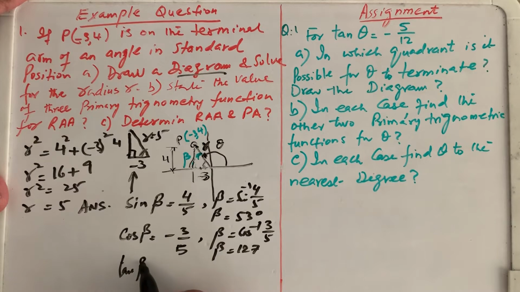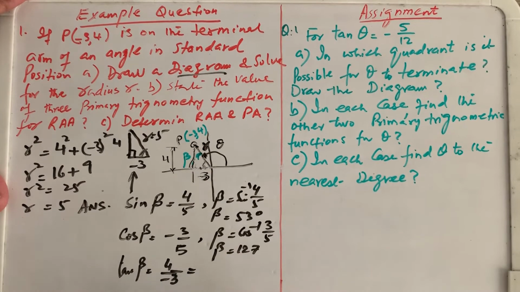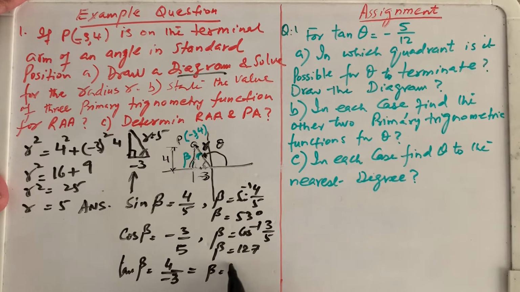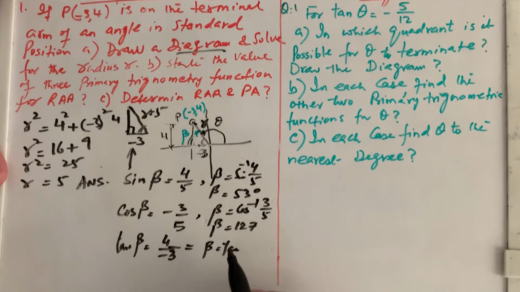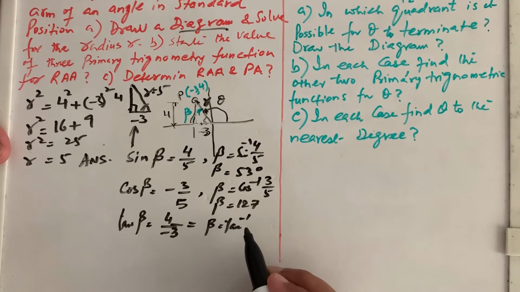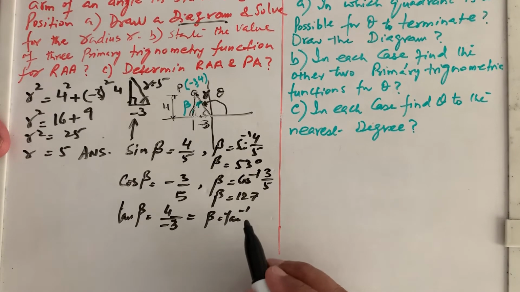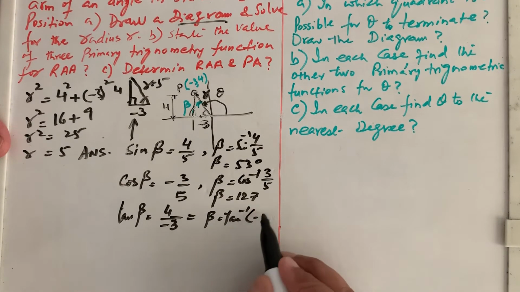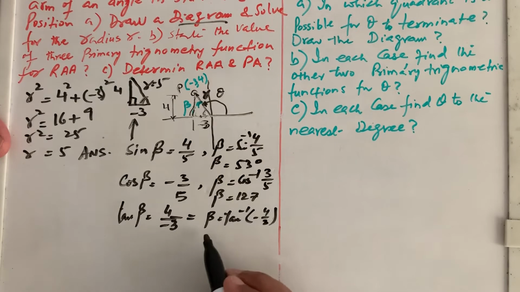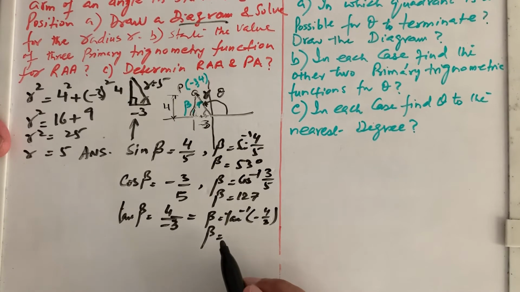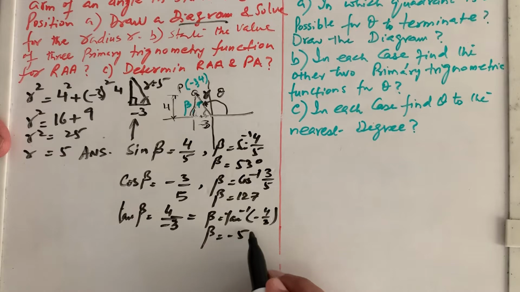Tangent beta will be equal to 4 over minus 3. So beta equals tangent inverse of minus 4 over 3, which gives beta equals minus 53.